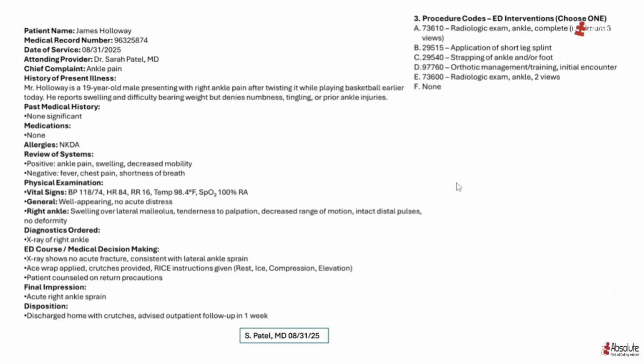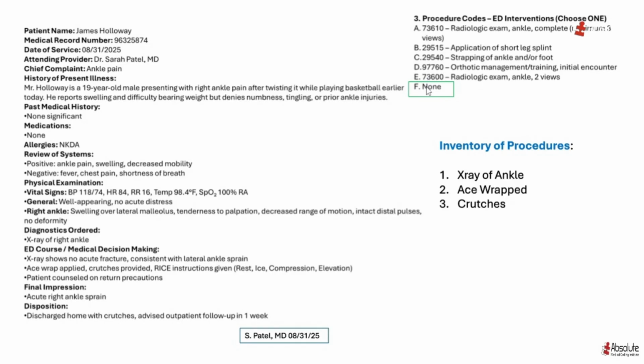Now it's time to talk about these procedures. Here is my inventory, and I got my information from this section down in the ED course in medical decision making. They did an ACE wrap, they gave him crutches, and they took an x-ray.